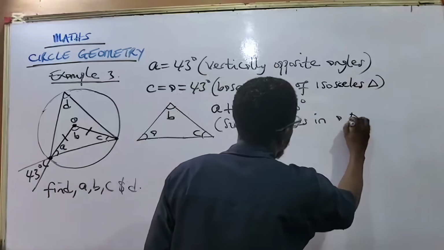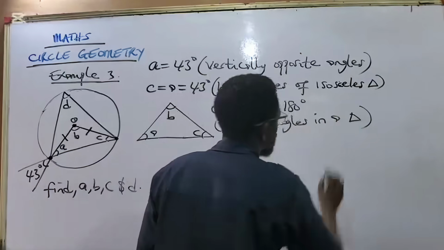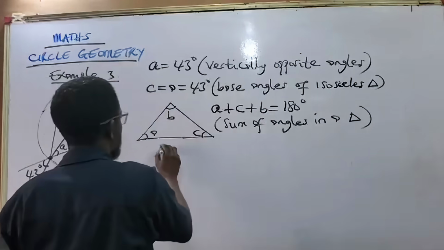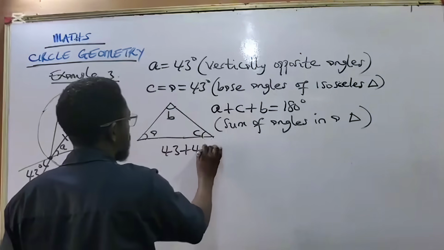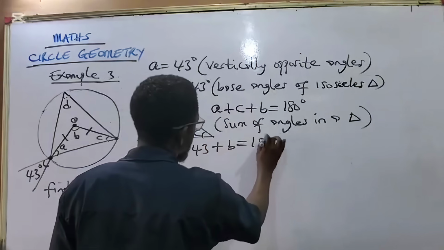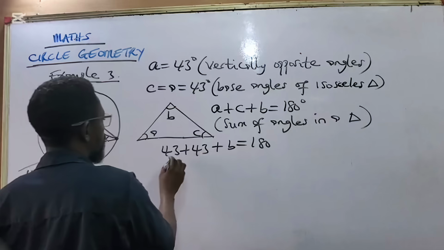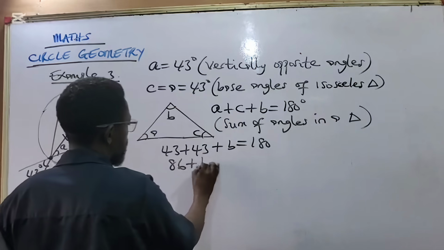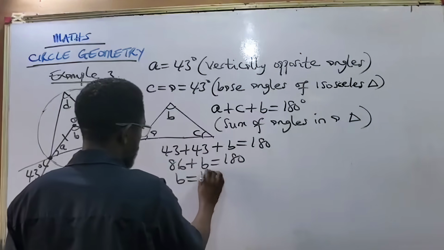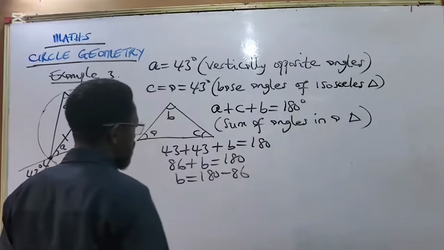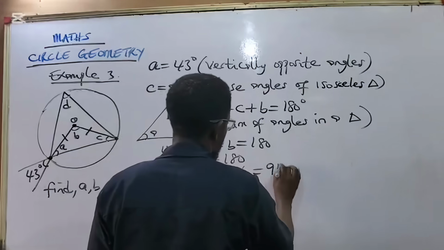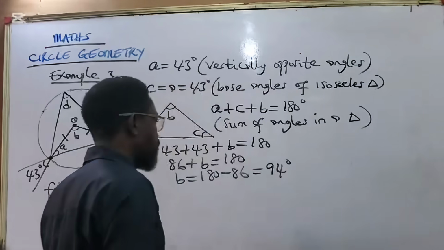So we have 43 plus 43 plus B equal to 180. This will give us 86 plus B equals 180. We get the value of B as 180 minus 86, which is 94 degrees.